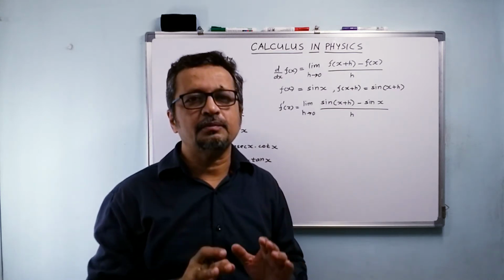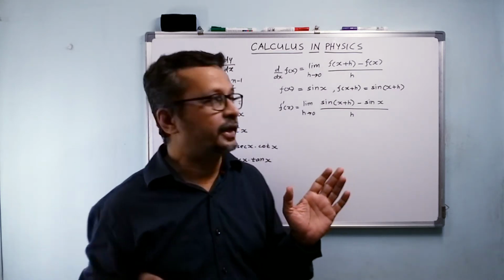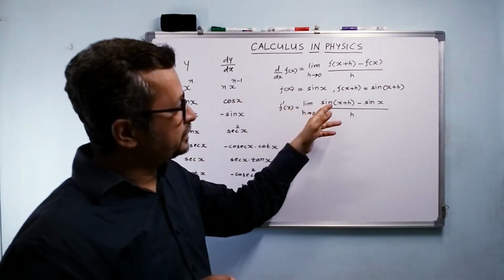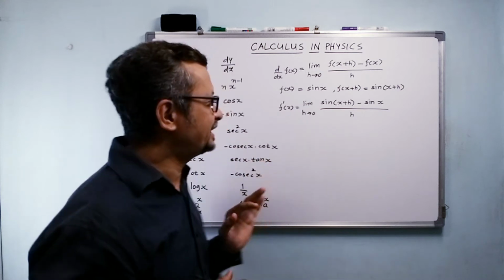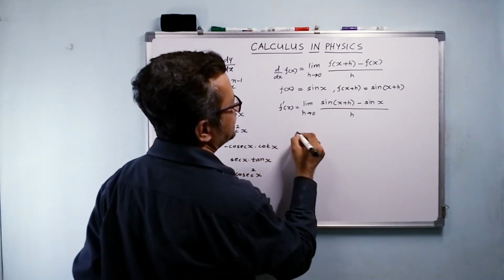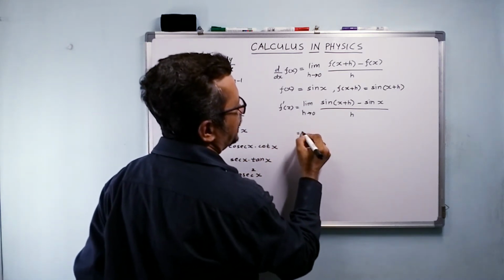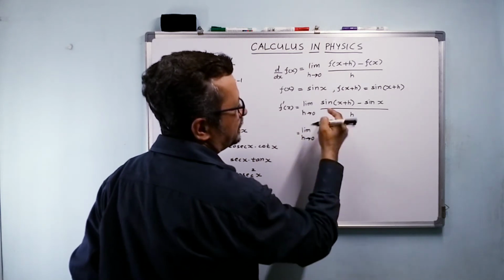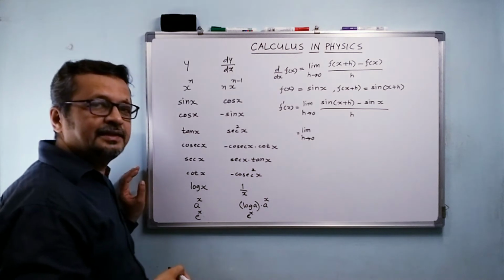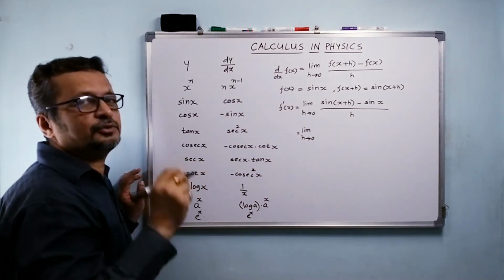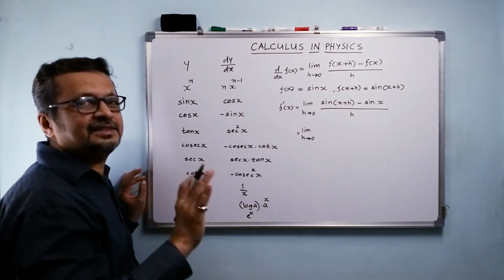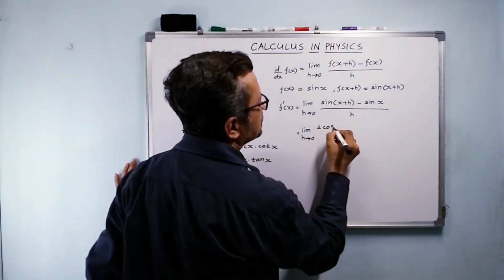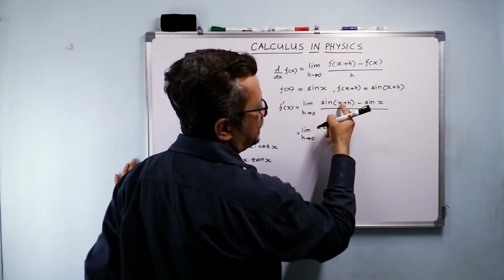Now here I am going to take liberty of using some trigonometric results. The trigonometric result that I'm going to use here is sine c minus sine d, and it is going to be something like this. The limit sign remains as it is, limit as h tends to 0. Sine c minus sine d is 2 cos c plus d by 2 sine c minus d by 2. So it would be 2 cos of c plus d.